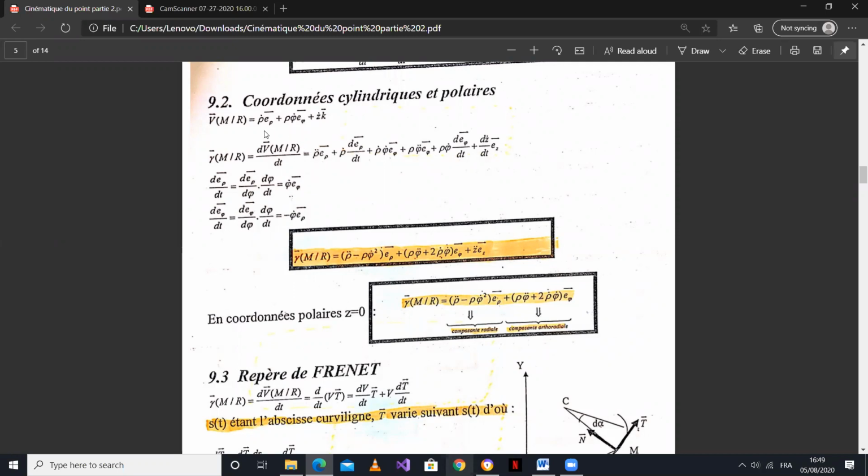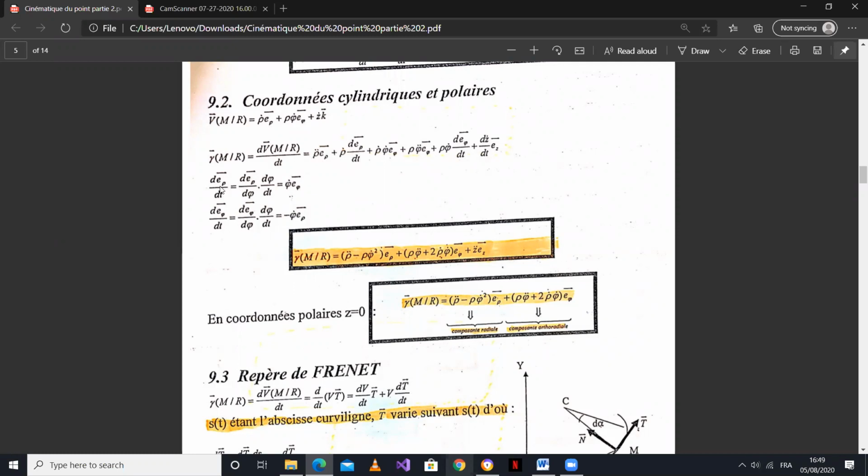And then we are now going to derive e_rho. We're going to have rho point, la dérivée de e_rho, so d e_rho dt. Here we have rho point, d e_rho dt. So we come here, d e_rho dt. Ça, we have already calculated it.